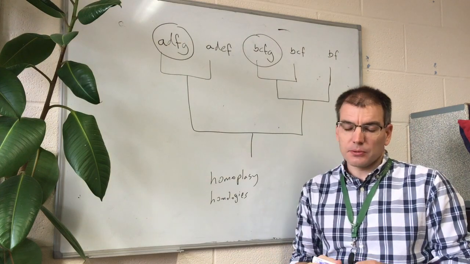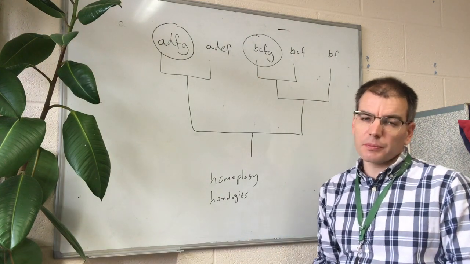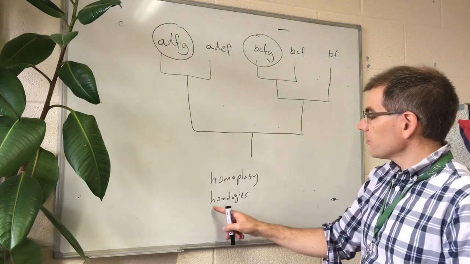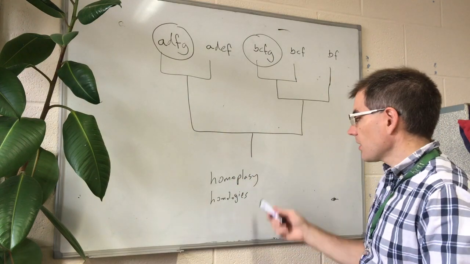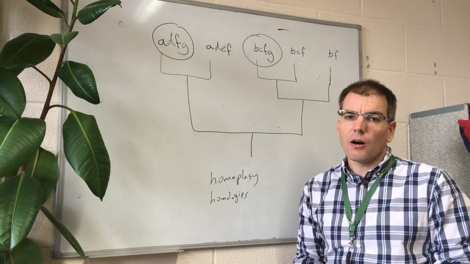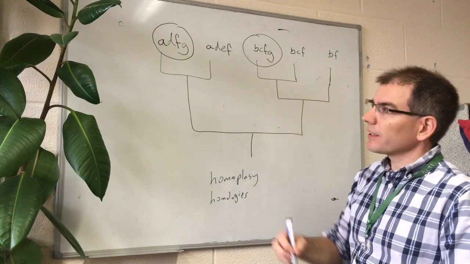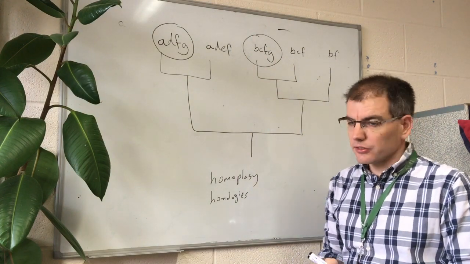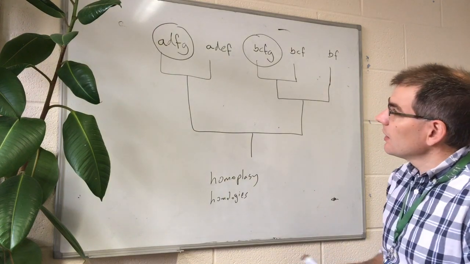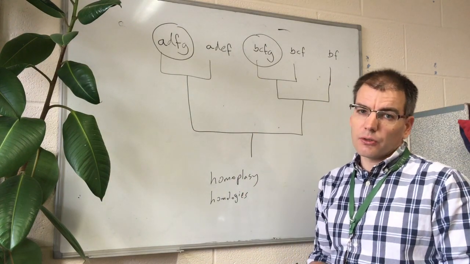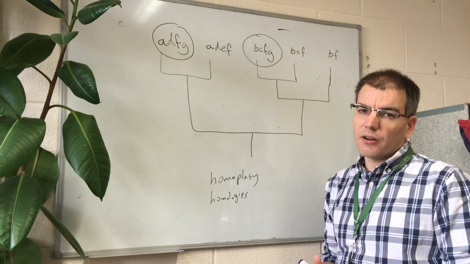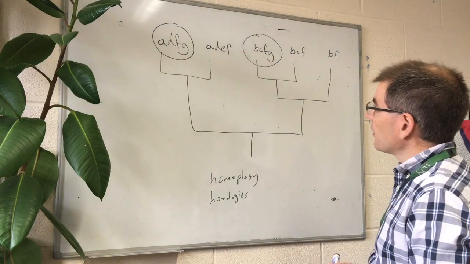Homologies are easy to interpret in an evolutionary framework, because homologies are similarities that are due to shared common ancestry. Homoplasies are similarities that are not due to common ancestry. Now, if we only have a little bit of homoplasy, then it's easy to build a phylogeny based on the nested hierarchy of the pattern of variation that we see.